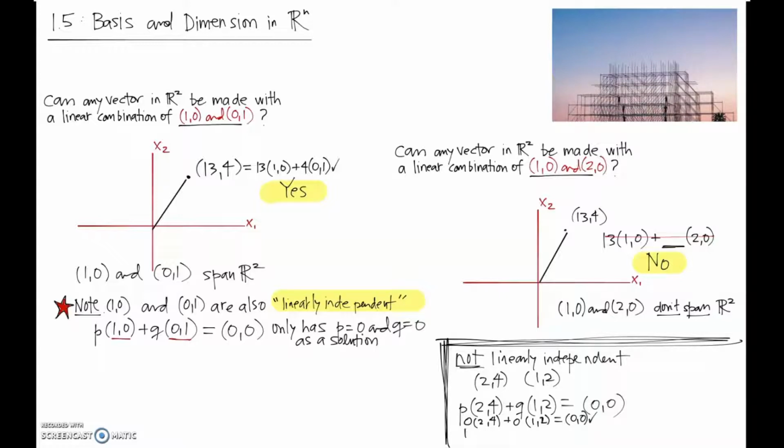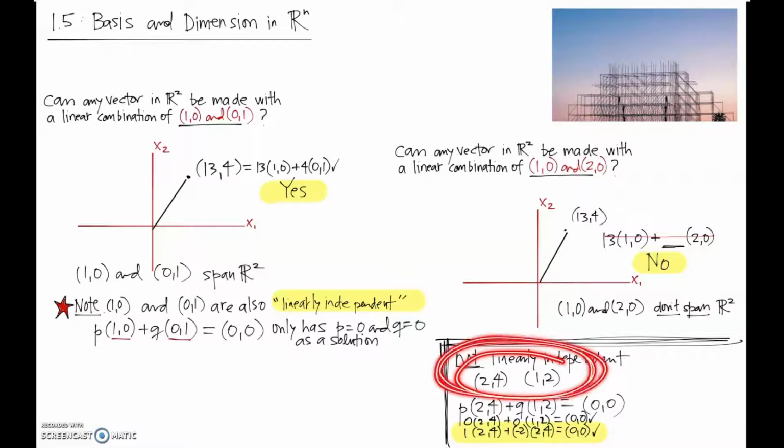You could also say 1 times 2, 4 plus negative 2 times 1, 2 equals 0, 0. And the fact that this bottom one is also a solution, where you have p equals 1 and q equals negative 2, makes it so that these two fail to be linearly independent.